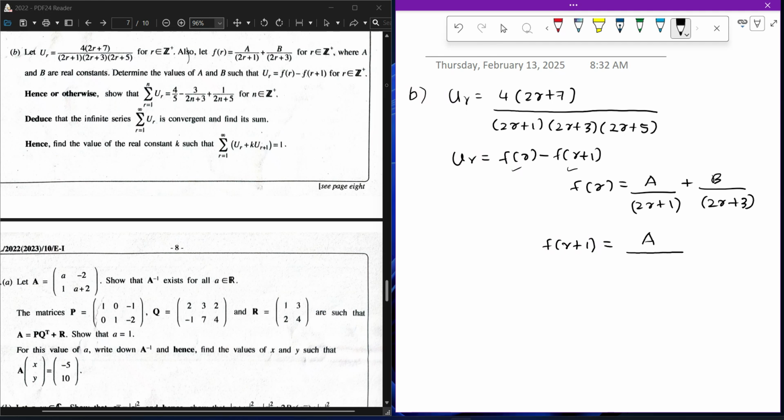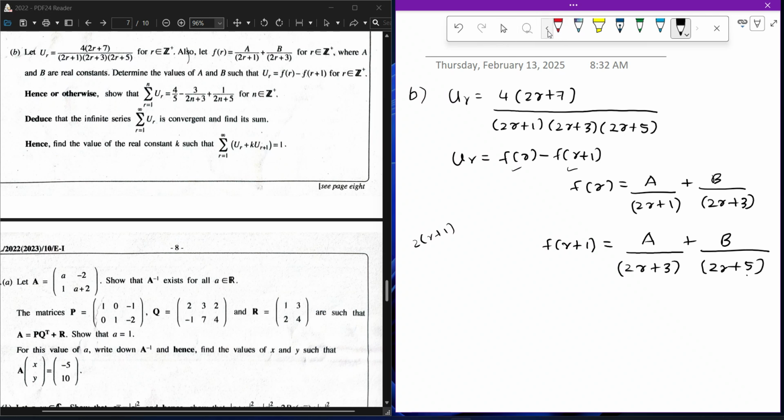Substituting r plus 1, a over 2r plus 2 plus 1 is 2r plus 3, and for the next part, 2r plus 2 plus 3 is 2r plus 5.